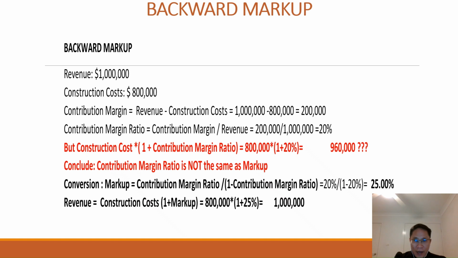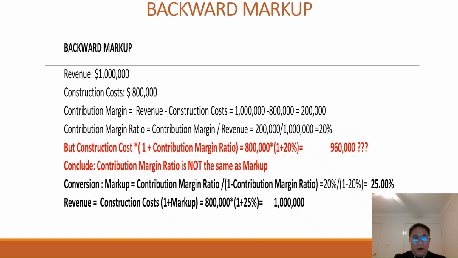Let's say if we use the formula construction cost times 1 plus contribution margin ratio, that is 800,000 times 1 plus 20%, where 20% is the contribution margin ratio that we calculated above, the revenue will be 960,000.